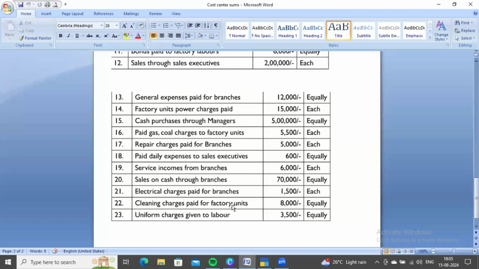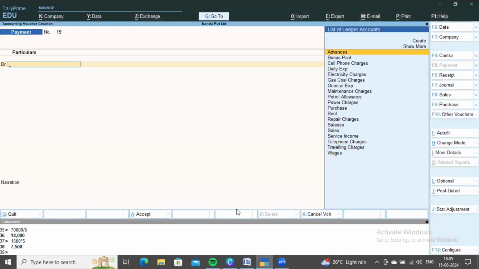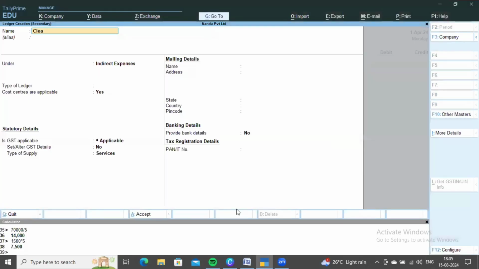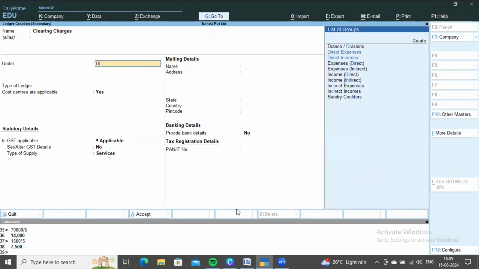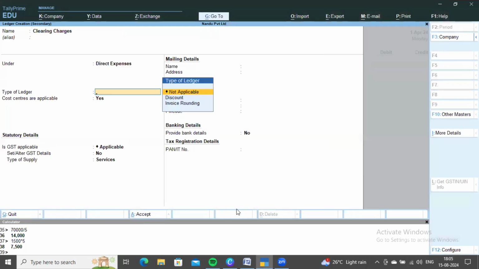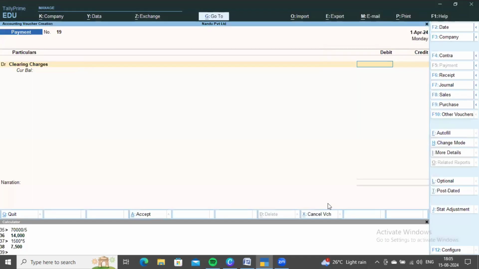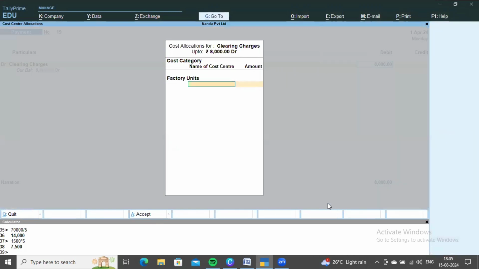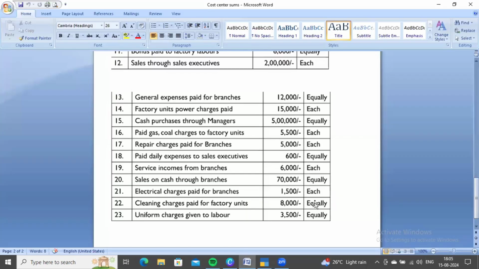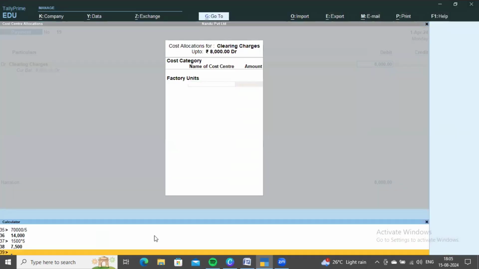Next, clearing charges paid for factory units. Here you are paying clearing charges to factory units. So create a clearing charges ledger account under direct expenses because these charges are incurred on the factory, right? The total amount is 8,000, and 8,000 divided by 5, how much? 1,600 each.